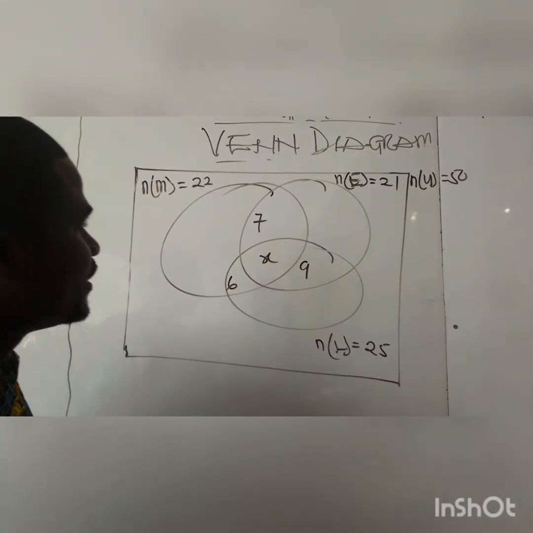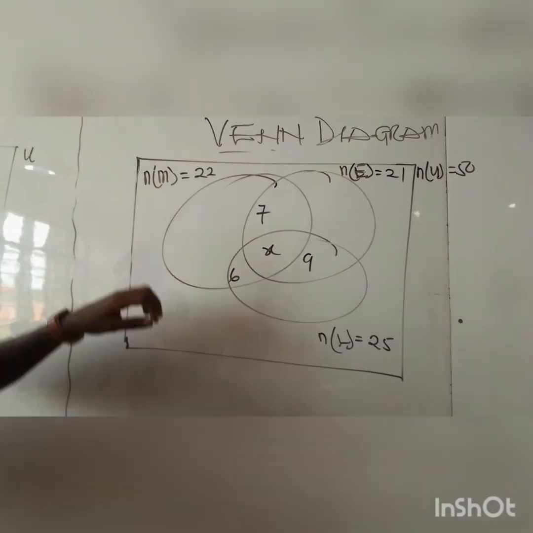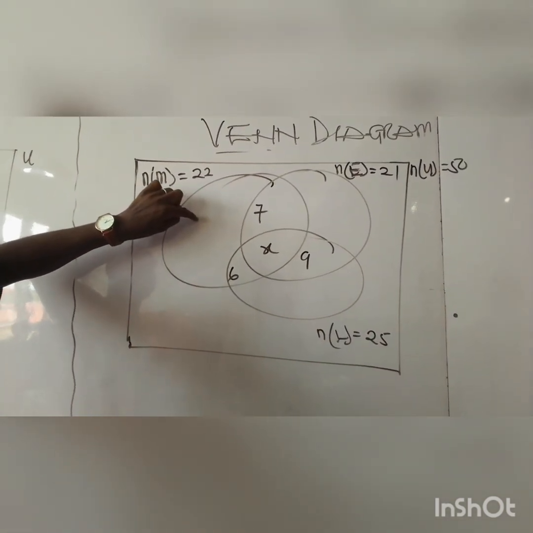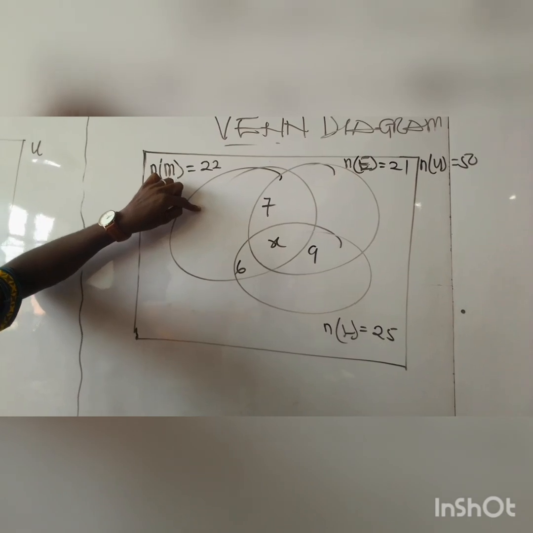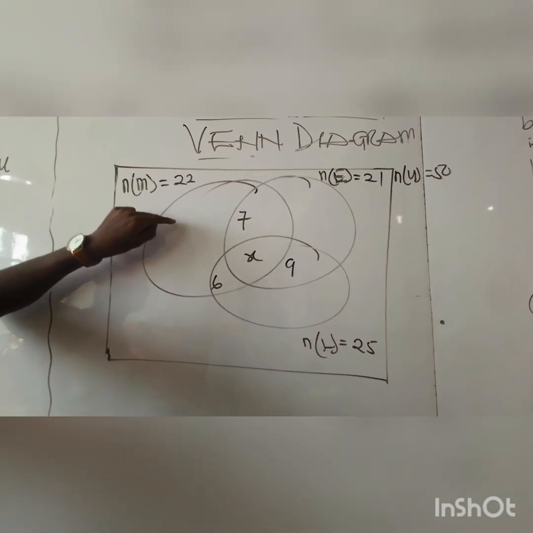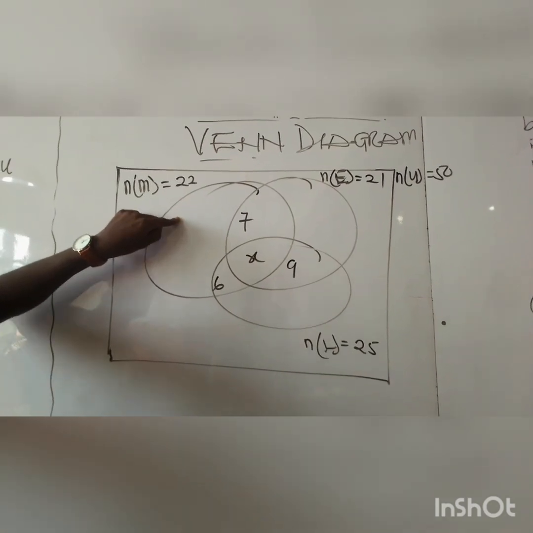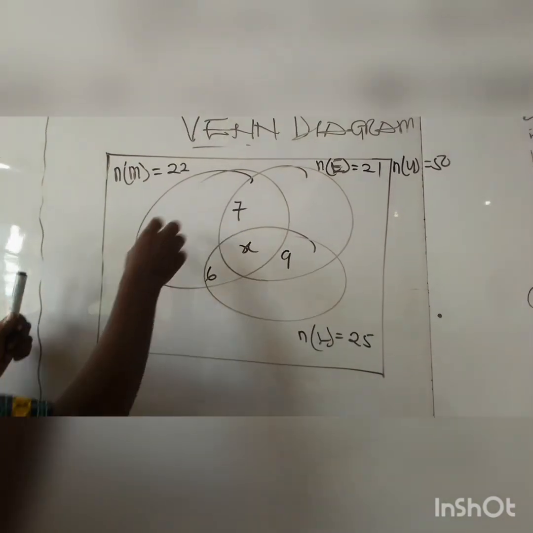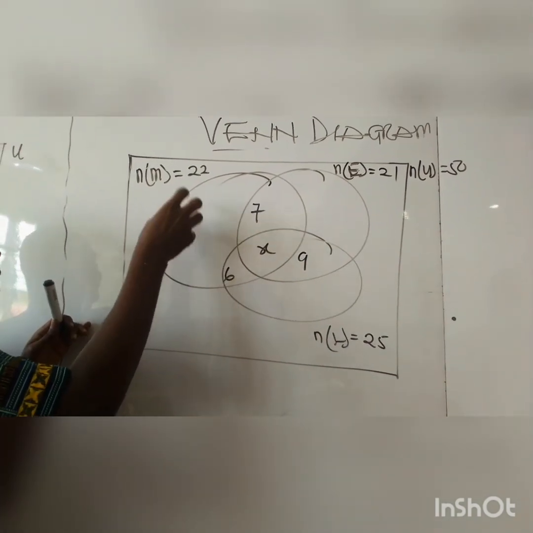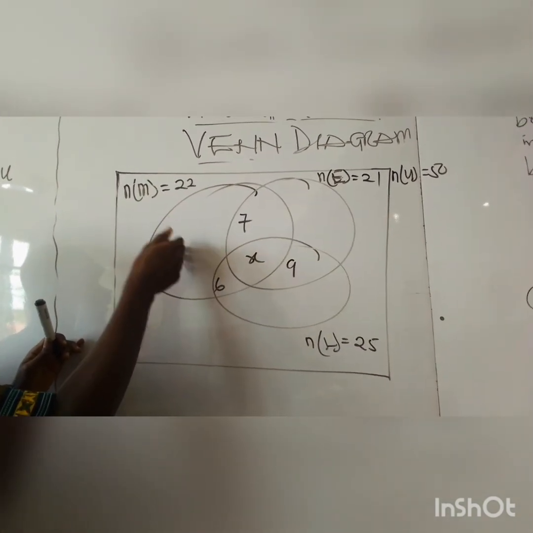Good. Now, we don't know those who offered mathematics only. Okay? We don't know those who offered mathematics only. Now, because of that, let's use a letter to represent those who had mathematics only.